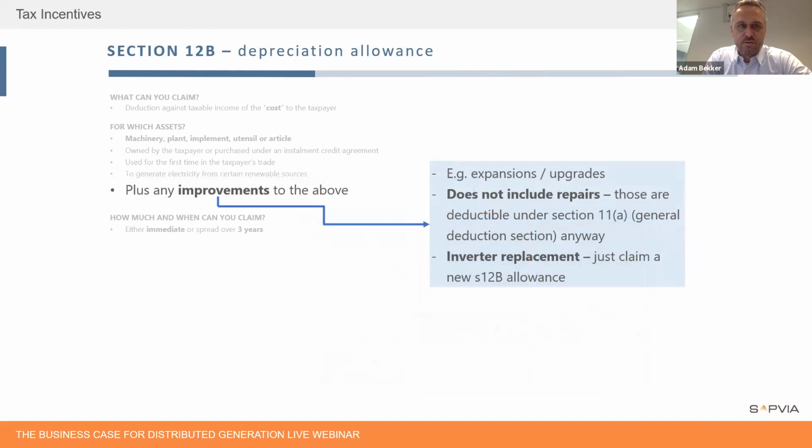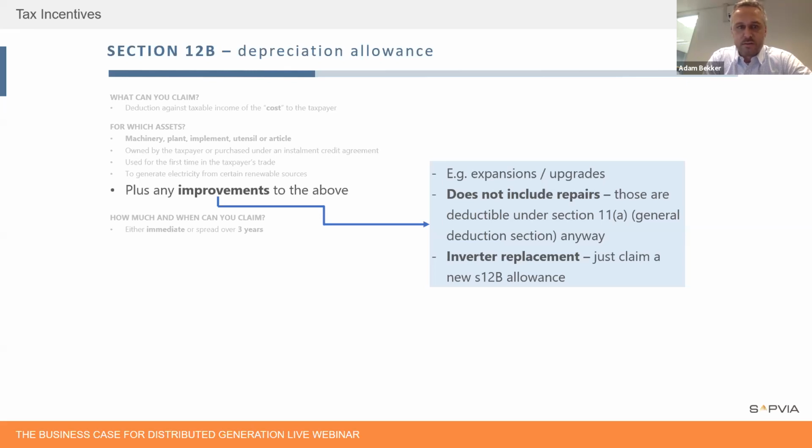So in addition to claiming the deduction for any of the equipment that we referred to above, if you effect any improvements to a system, and I'm sort of trying to think for myself what that would involve, but I guess if you upgrade equipment, if you upgrade inverters, replace panels with new panels of a higher efficiency or greater capacity at some point, you could include those, or you would be entitled to a deduction of those when you do so.